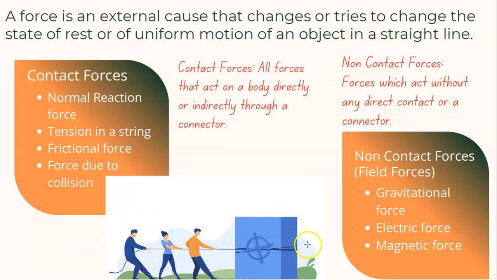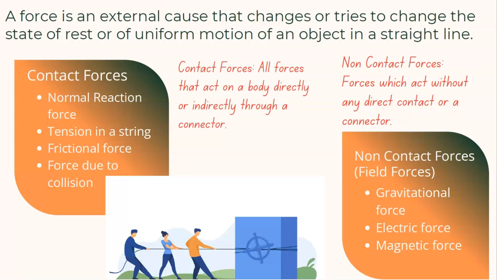They can either pull it by using their hands, or as you can see in the diagram, they are using a rope to pull the box. That rope is known as a connector. So any force that acts on a body directly or indirectly through a connector is known as a contact force. It can be a push or a pull, anything.